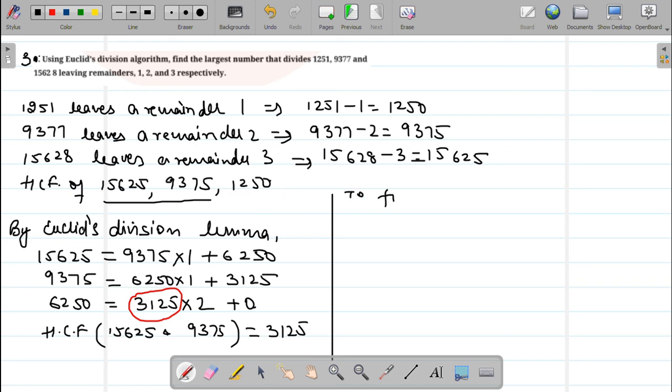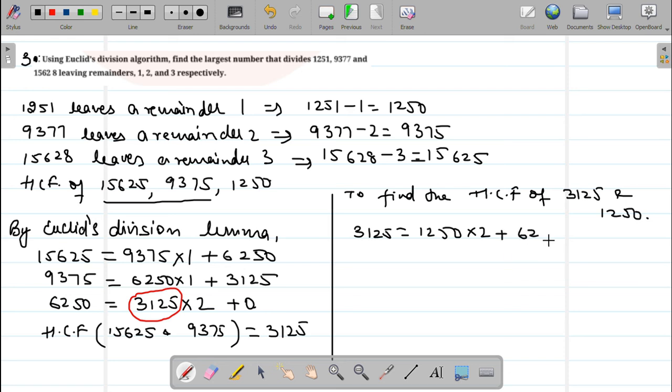To find the HCF of 3125 and 1250: 3125 is equal to 1250 multiplied by 2 plus 625, and 1250 is equal to 625 multiplied by 2 plus 0, and this is the required HCF.